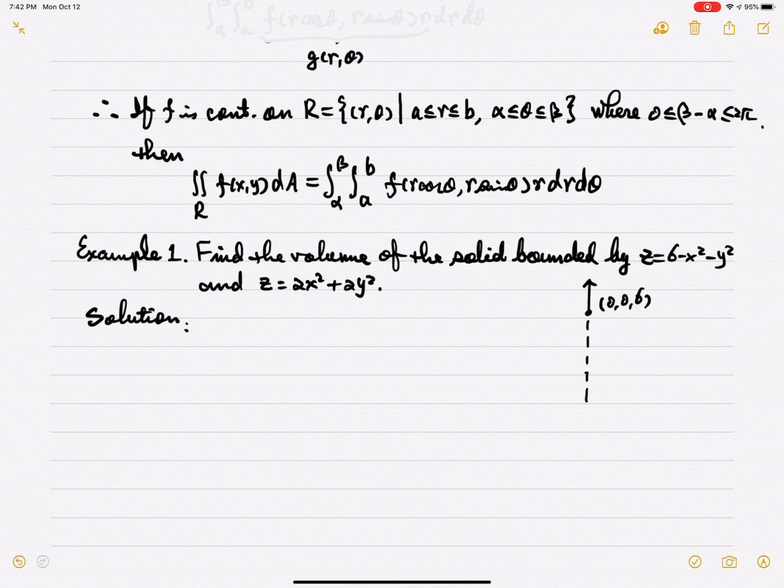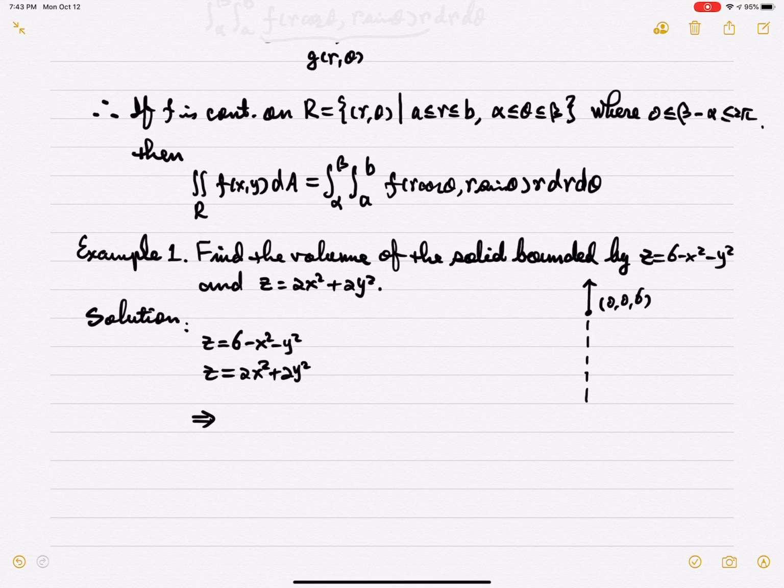Now let's see where those two surfaces intersect. If you solve the system of equations, z equal to 6 minus x squared minus y squared, z equal to 2x squared plus 2y squared, and set the z's equal to each other, you're going to have 2x squared plus 2y squared equal to 6 minus x squared minus y squared. So you move the x squared and y squared to the left hand side.